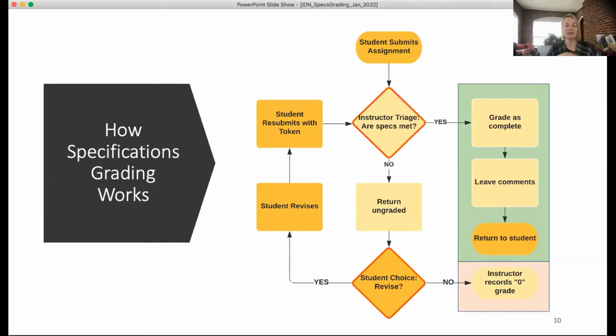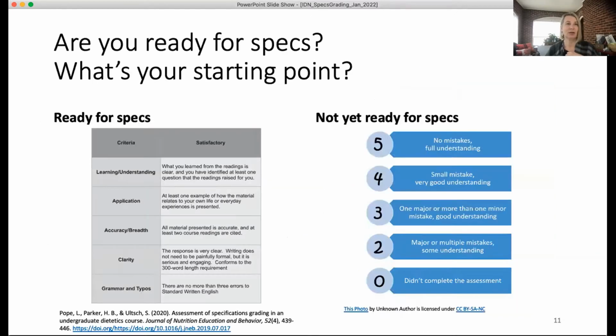I don't actually have anything in here to talk about the ungrading process, but it is tapping into some of the same philosophies of learning here. It really takes that focus off of what number did you give me and how many points did you take off, and it reorients to what am I learning about, what knowledge and skills am I developing, and how am I demonstrating that to you.